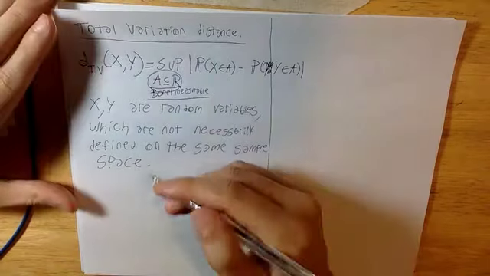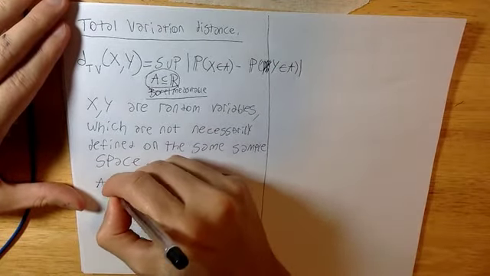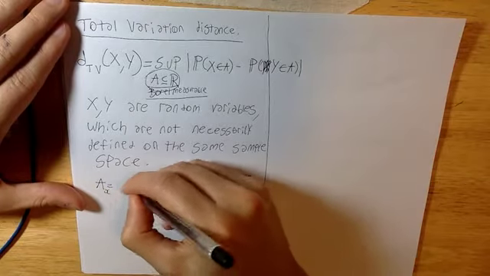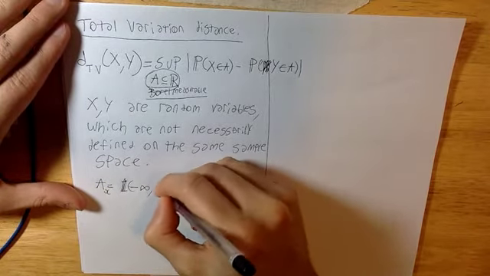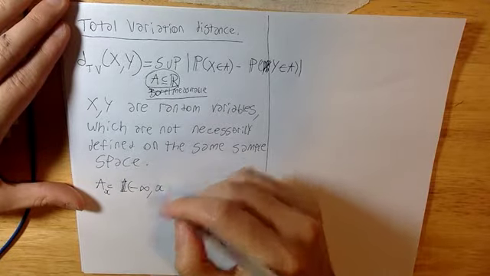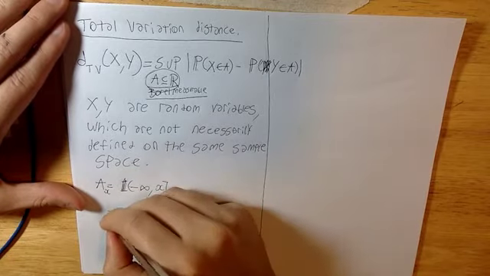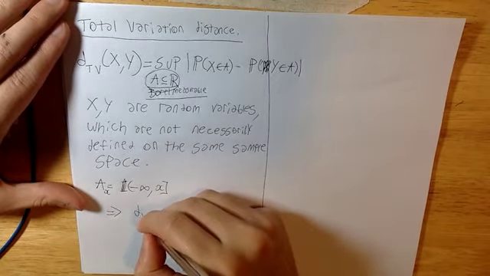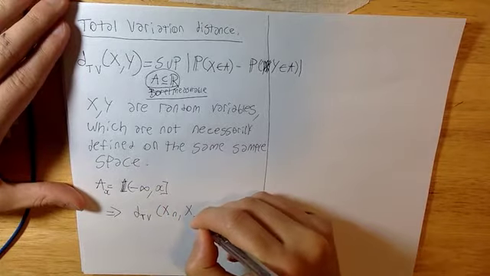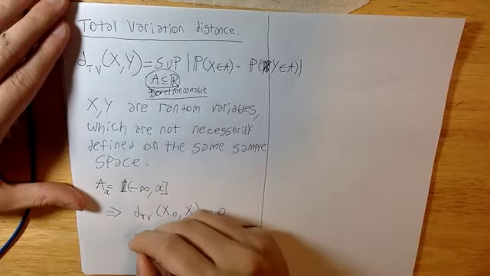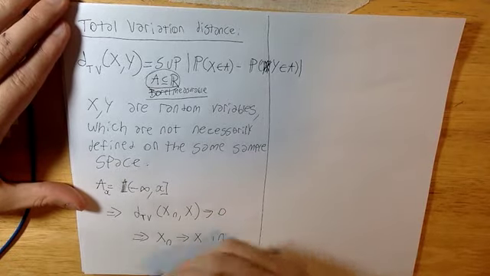So, for example, one of the things is taking X equal to minus infinity. Then dTV of a sequence Xn, X going to 0 implies that Xn converges to X in distribution.